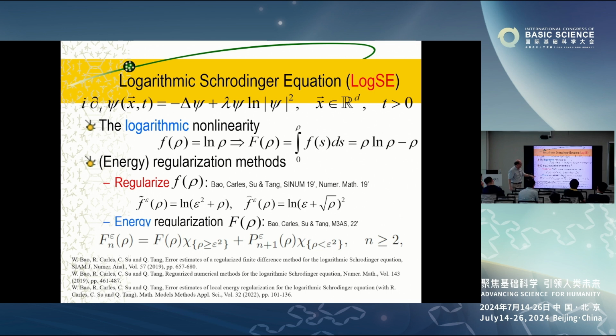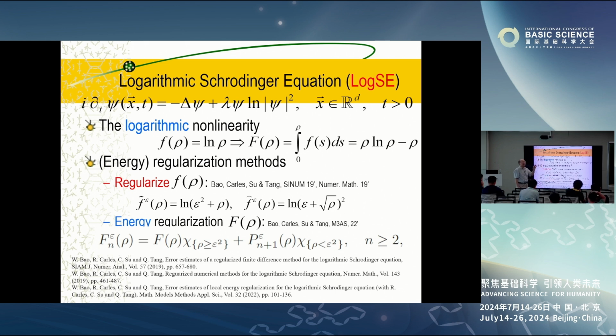So what we do, for capital F(rho), is say when rho is greater or equal to epsilon square, where epsilon is a regularization parameter, we just take f(rho) itself. Then when rho is between 0 and epsilon square, we replace this function by a polynomial.